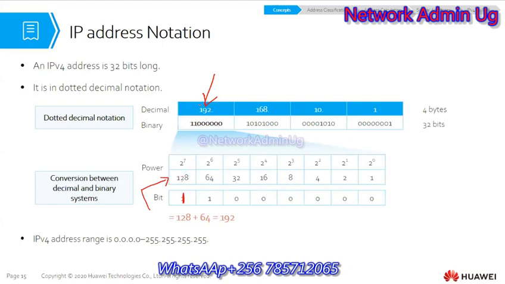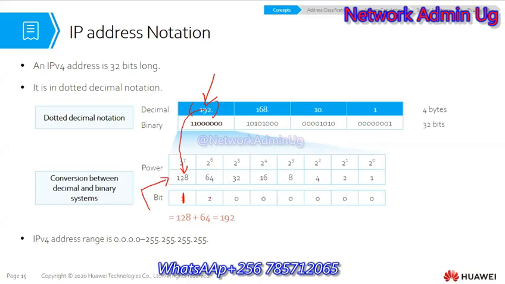We are going to subtract 192 minus 128. What will we get? 64. 64 is equal to which number? 64 itself.